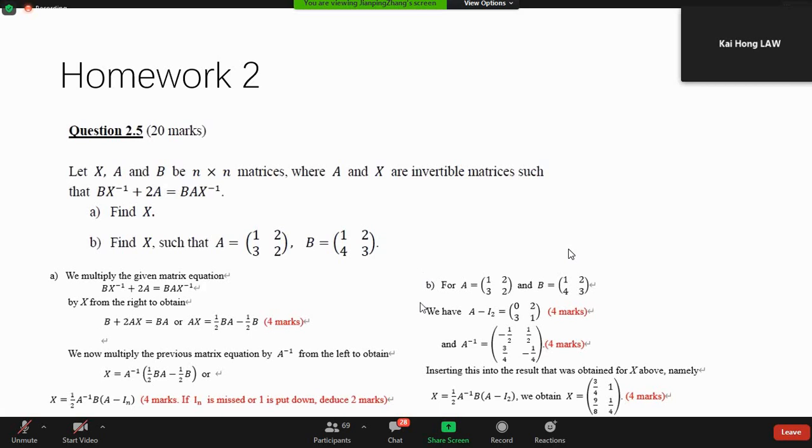For the B part, you first calculate the A inverse by whatever method you want, and you keep the last row on the right hand side. You need to know A inverse B and A minus identity. You just write down all the matrices and follow the steps from left to right, and don't switch the order. That's a disaster.